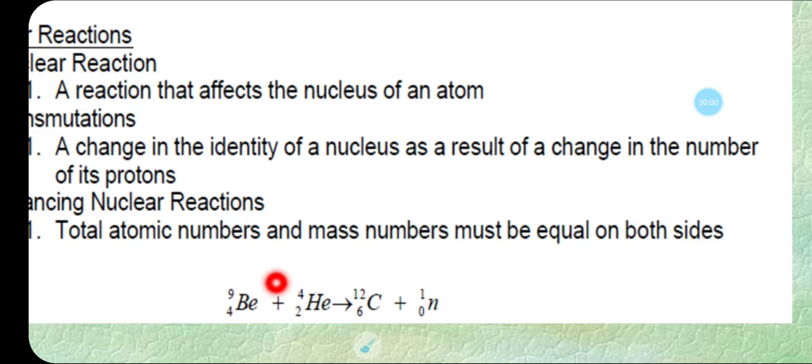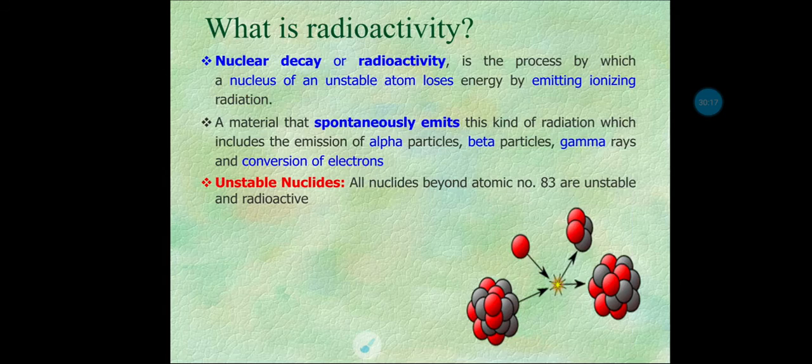The two nuclei combine to form a third nucleus, carbon C 6 12, by the emission of one neutron. So this neutron will be emitted. So these are the nuclear reactions.